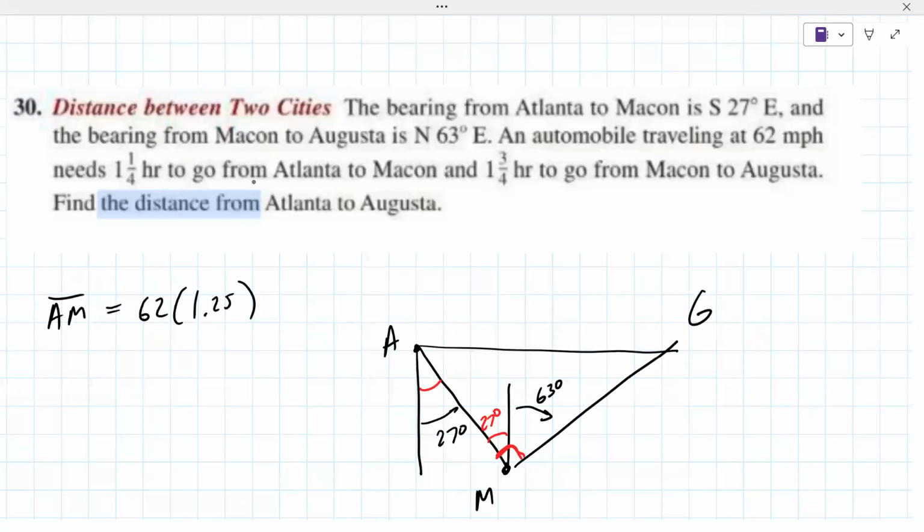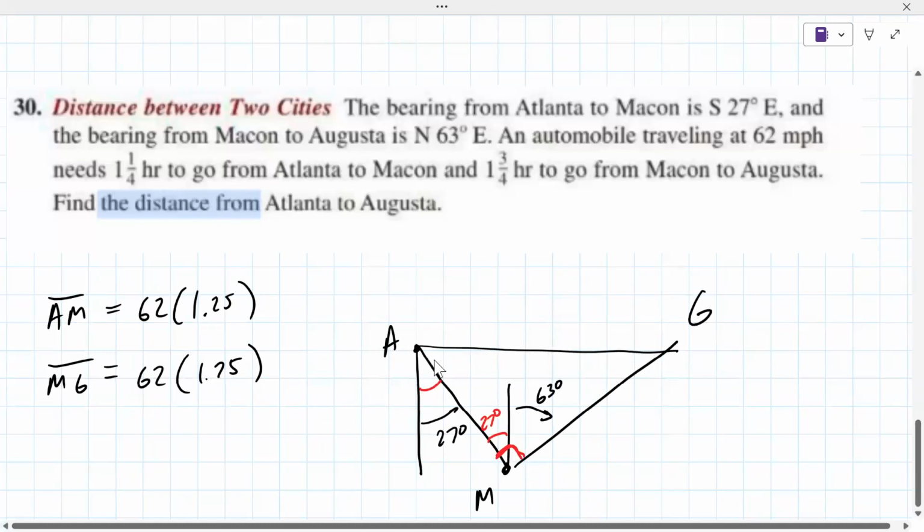And Macon to Augusta is 62 times 1.75, like that. So that's giving you two of the three sides of the triangle. So to find the third, you actually don't need to use any trig, no sine, cosine, tangent. You just use the Pythagorean theorem for it.